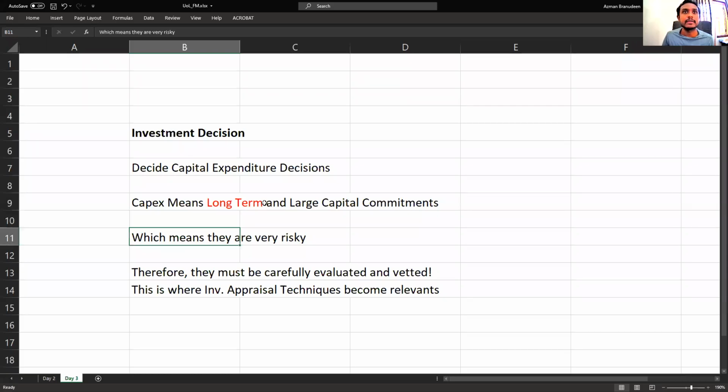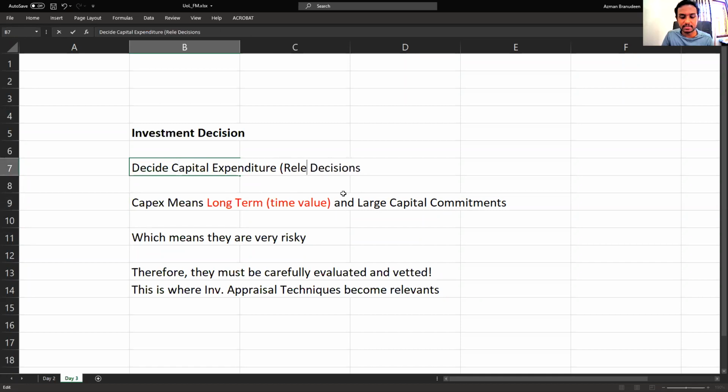Okay, right. So because of long-term implications, we have to consider the time value of money, and because of capital expenditure, we also have to consider the relevant revenue and cost considerations.